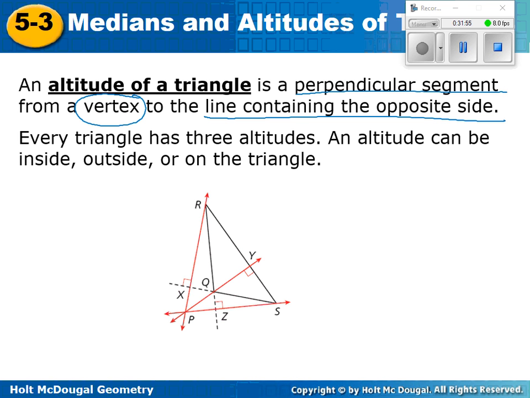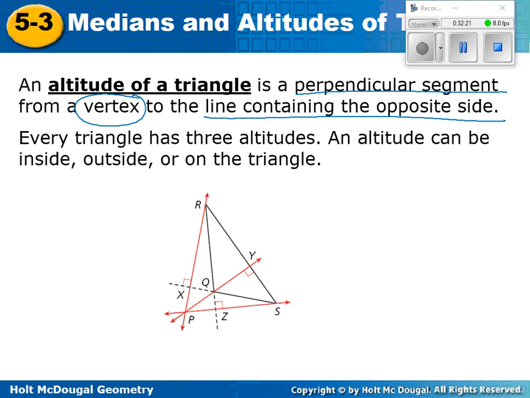So if I have a triangle here, my altitudes would go from my vertex perpendicular. Does it have to go to the midpoint? No, it is not a median. It is not a perpendicular bisector. They could all 3 be the same line, though. You could have a perpendicular bisector that is also the median, that is also the altitude, if your triangle is a special kind of triangle. But they do not have to be the same thing.